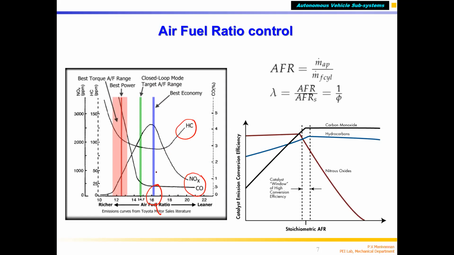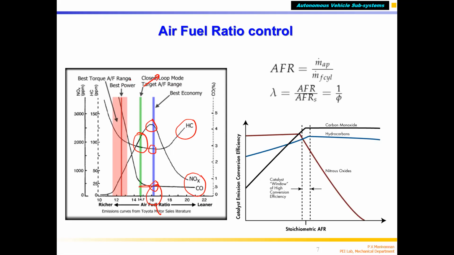But at 16, NOx is also very high, HC is slightly less but high. Only CO is less. But only when you run at stoichiometric, these two are at mid position, correct? HC and NOx are at mid position, CO is very less, correct? At stoichiometric. So if you want pollution control, you run at stoichiometric air fuel ratio.